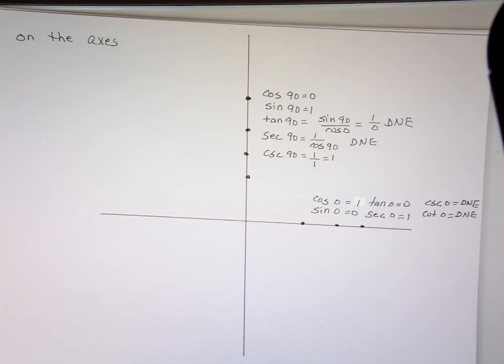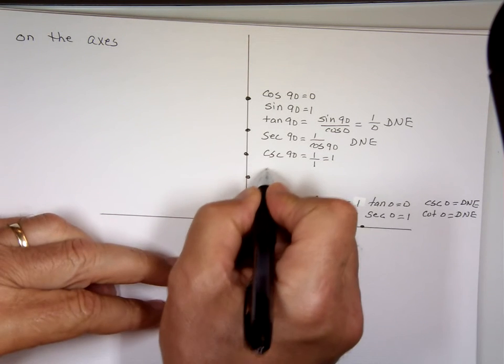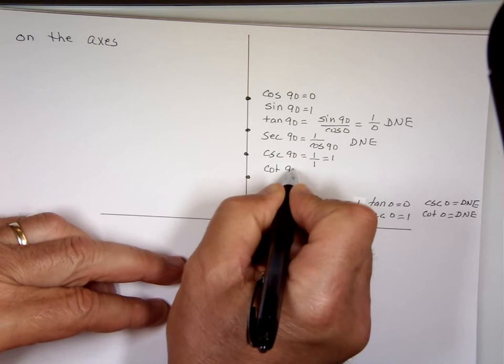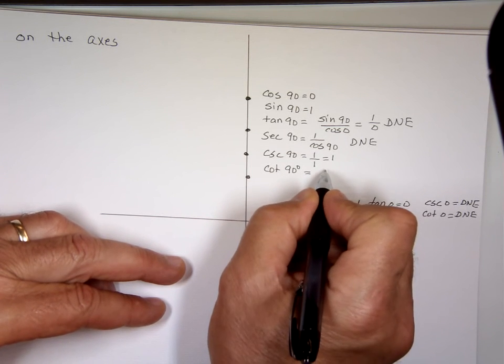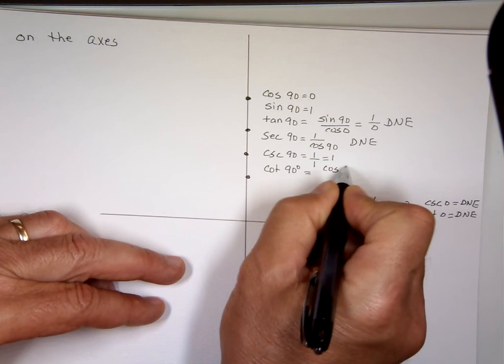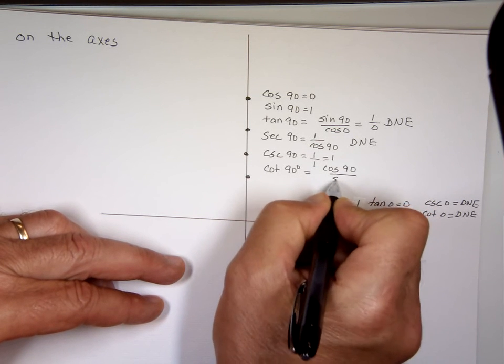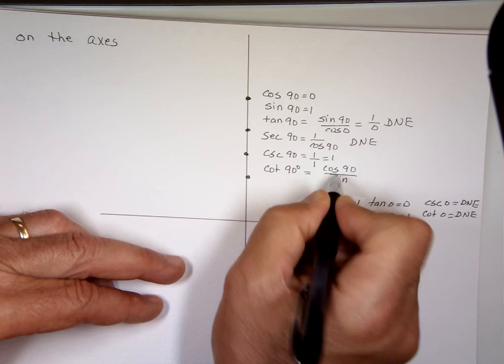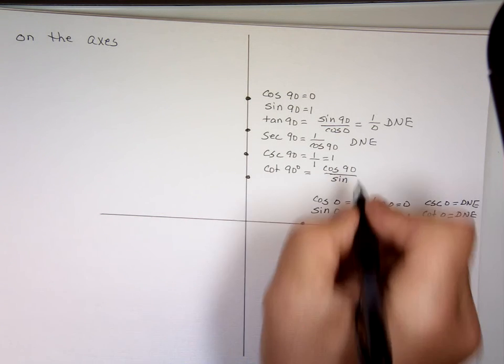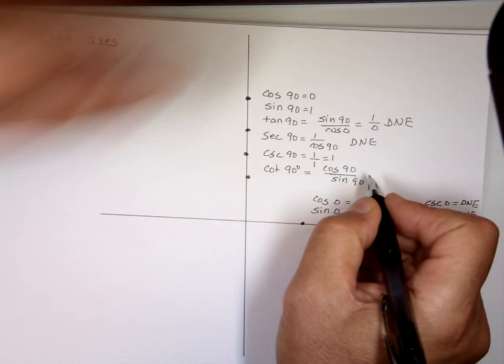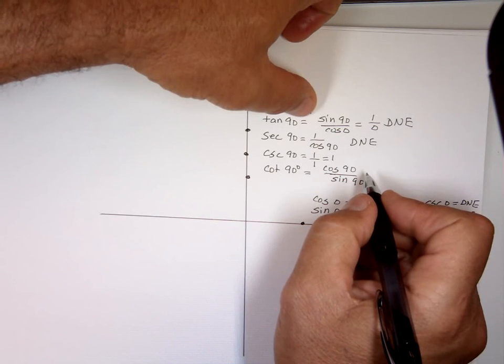And the cotangent of 90 degrees, cotangent is 1 over tangent, which is cosine over sine, because the tangent is sine over cosine. What's the cosine of 90? 0. What's the sine? 1. What's 0 over 1? That's 0.